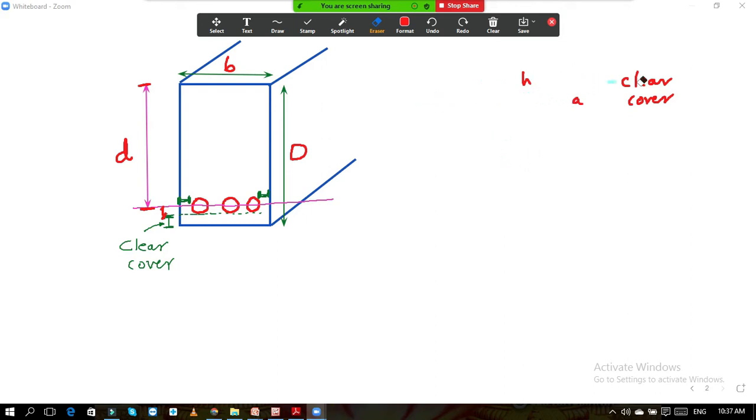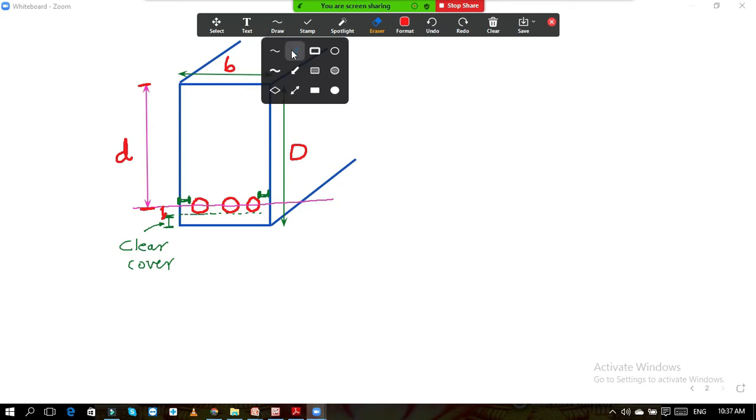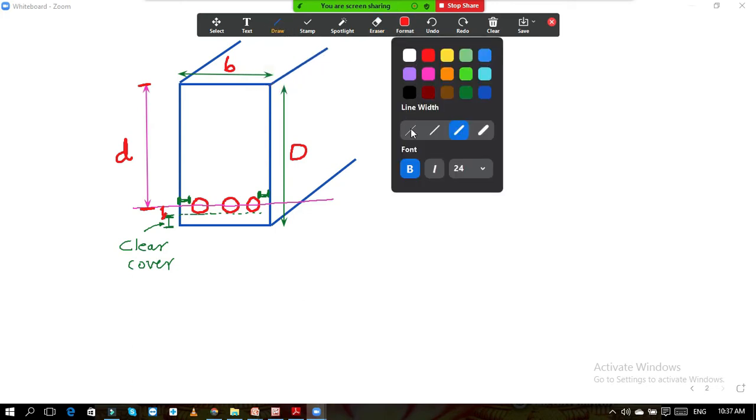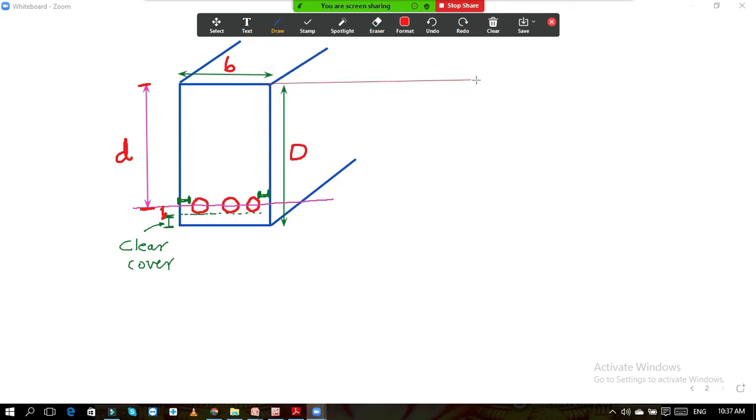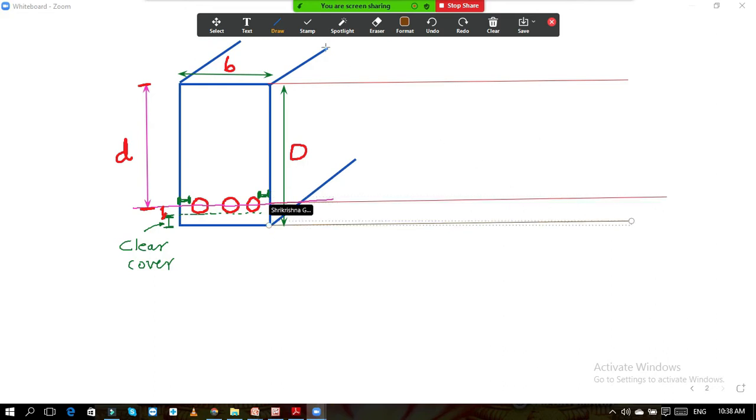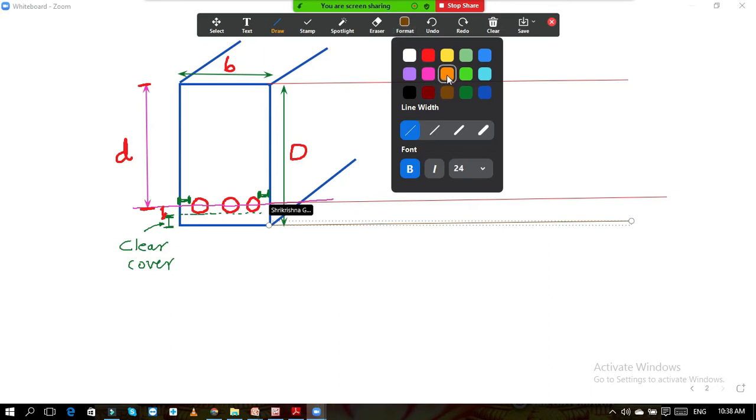Now the strain. Why have I explained all these things? Now see, if I project this line and continue this line with a different color, this is the bottom line, and then we will draw one neutral axis.